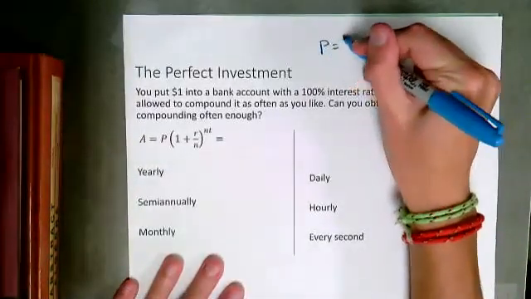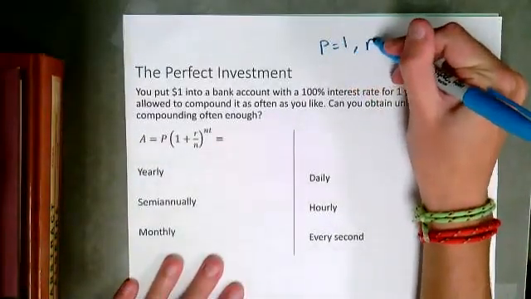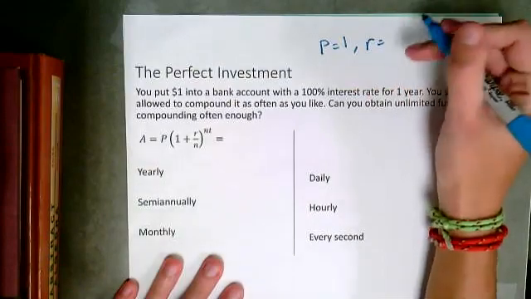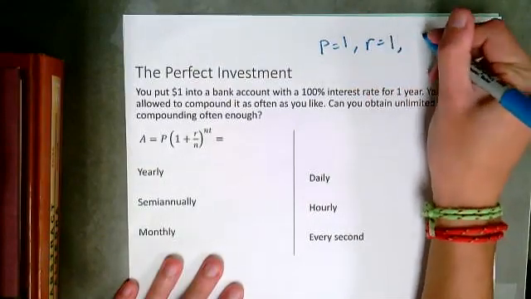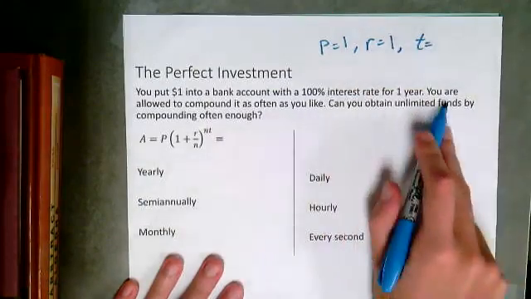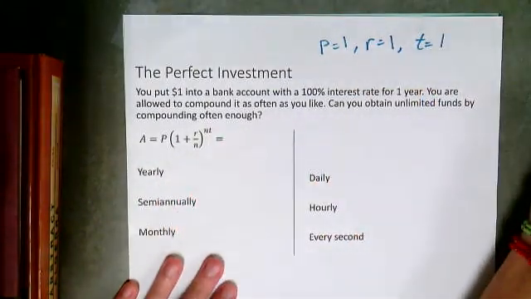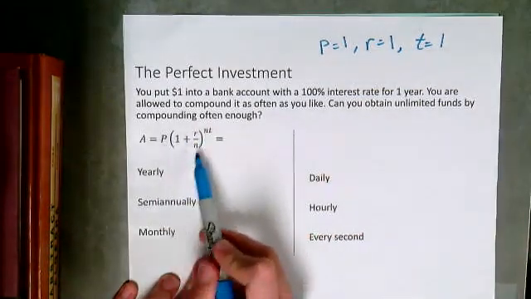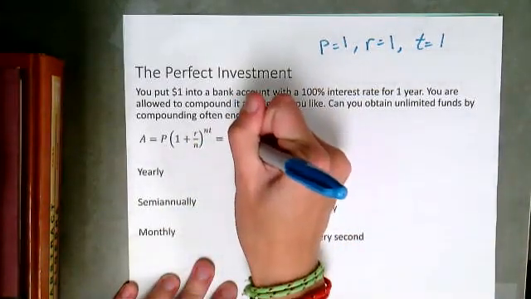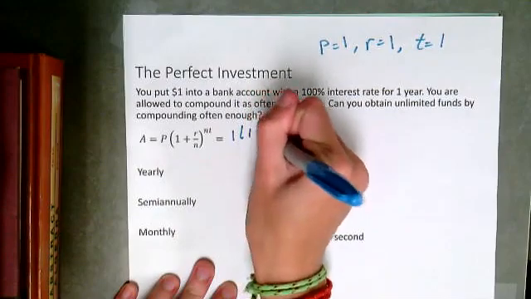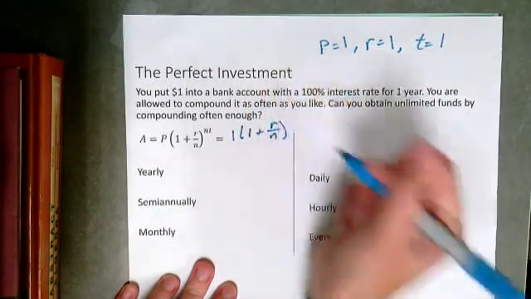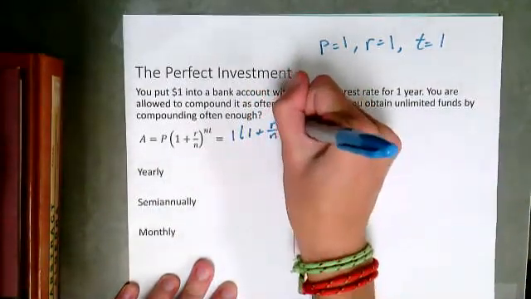we're saying that P is going to be 1. We're saying that R is going to be 1. And that time T, we're doing this for a year, that's going to be 1. So for this guy, we're going to have 1 times 1 plus R over N to the N, right?